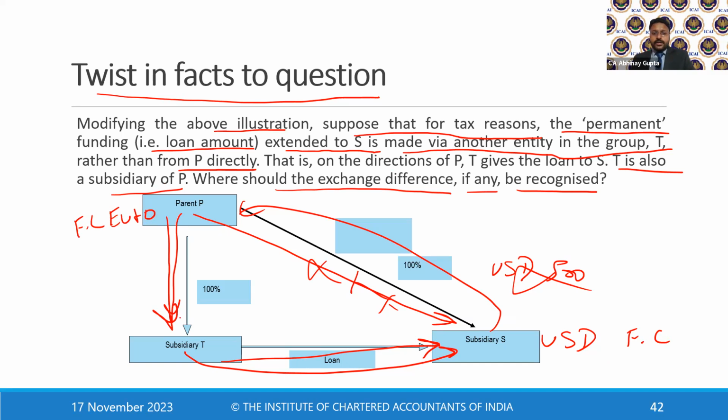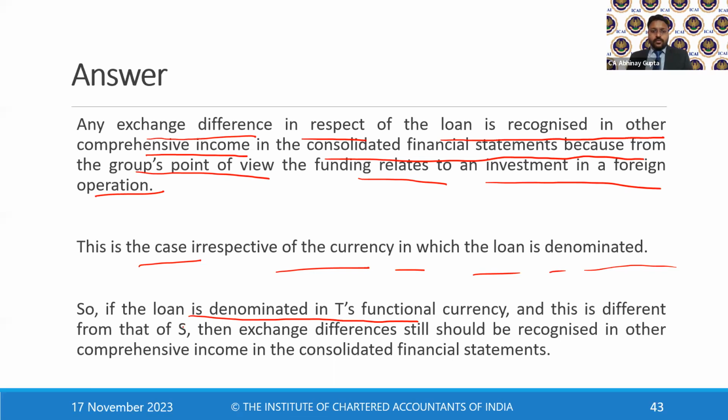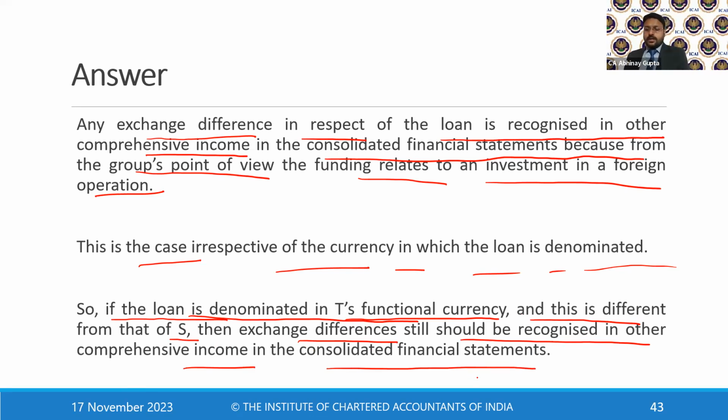Now, because the parent is giving to T and T is giving to S, suppose T's functional currency is, say, Japanese yen, for example, right? Now, the question is in whose financial statements will the foreign exchange gain or loss be there? What is the answer? If the loan is denominated in T's functional currency, and this is different from that of S, then the exchange difference should still be recognized in other comprehensive income in the consolidated financial statements.